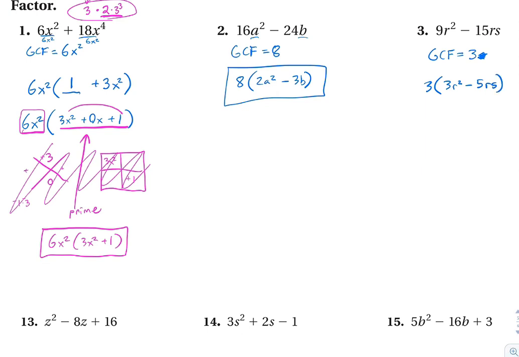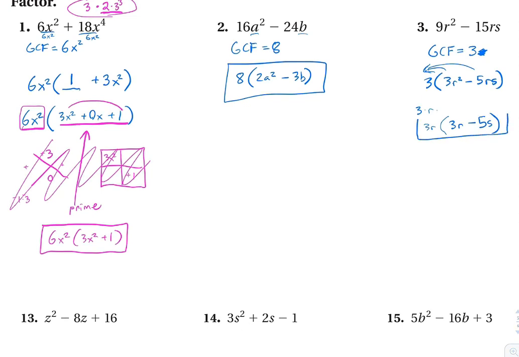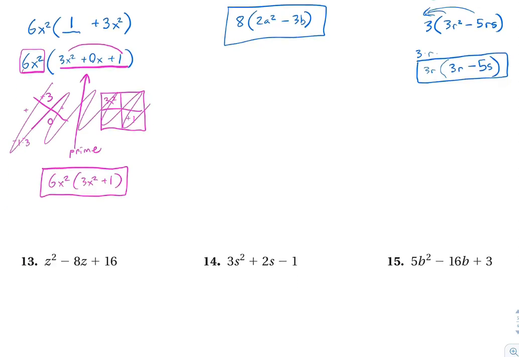Oh, wait a second, they both still have an R. So now let's also pull out an R. So out front is 3 times R, or just 3R. And then inside, we took out the R, so there's 1R left here, minus, that R canceled out, 5S. So that would be as far as we go. Again, 2 variables, so no further.